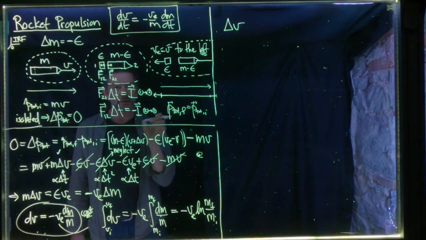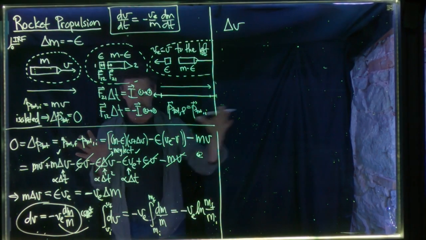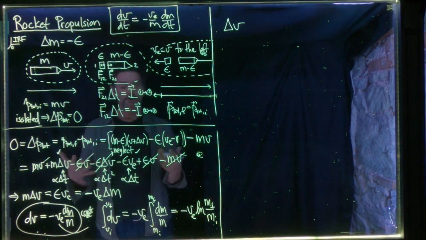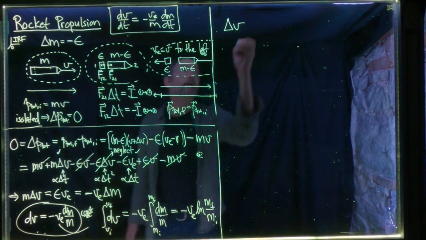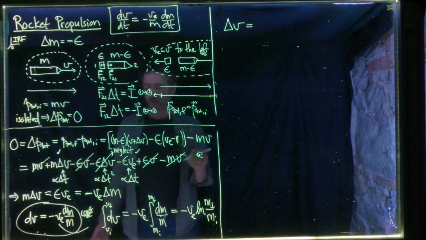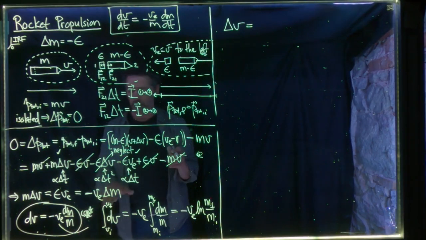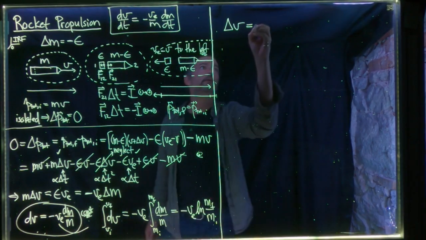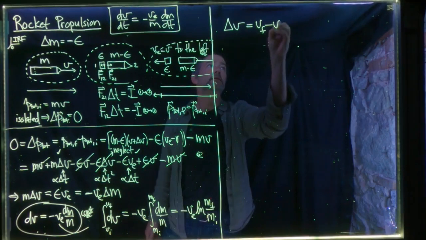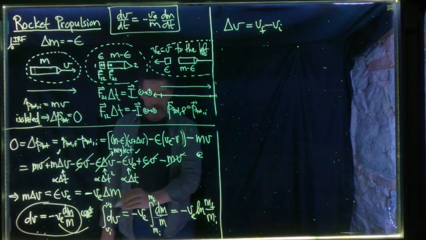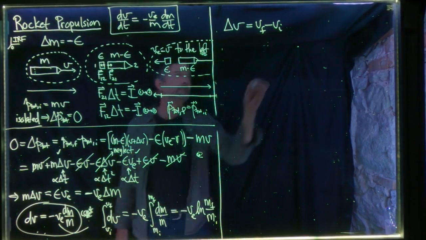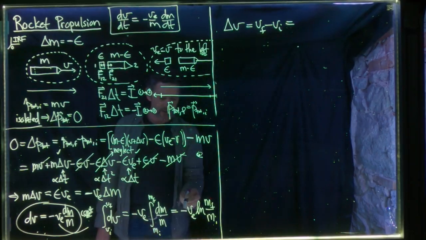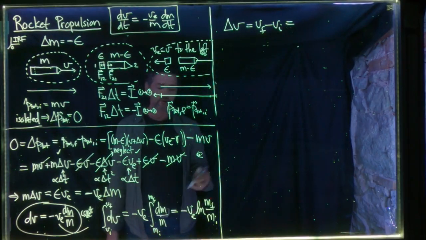That's add up all the little incremental changes in the velocity of the rocket as it's speeding up. And so that's equal to delta v. So the delta v of the rocket, this is standard terminology, is v final minus v initial. Okay, that's equal to, on the right-hand side, this thing, negative VE log m final over m initial.